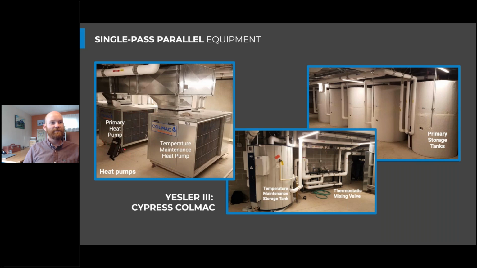The one difference is that this primary heat pump water heater is configured in a single pass heating cycle. So the entering water to that unit is modulated. It's increased and reduced to always discharge a set water temperature at 140 degrees into our primary storage tanks.